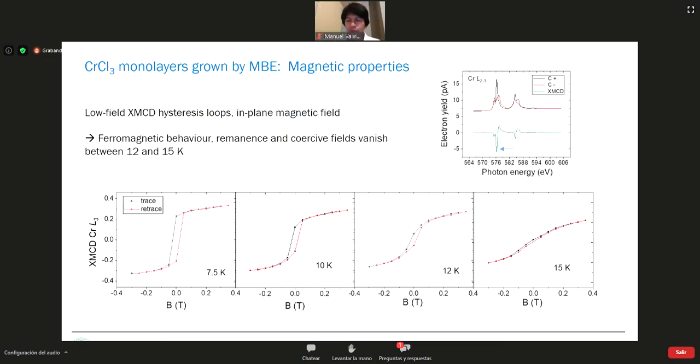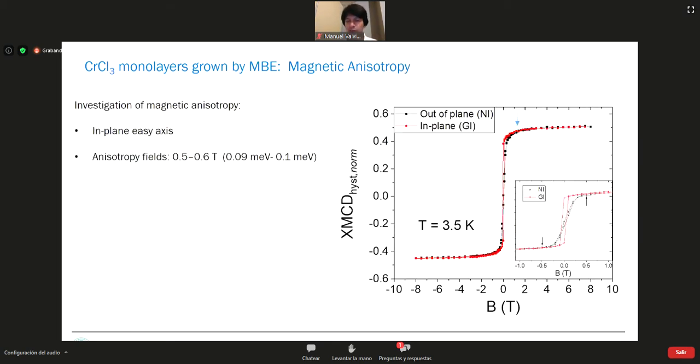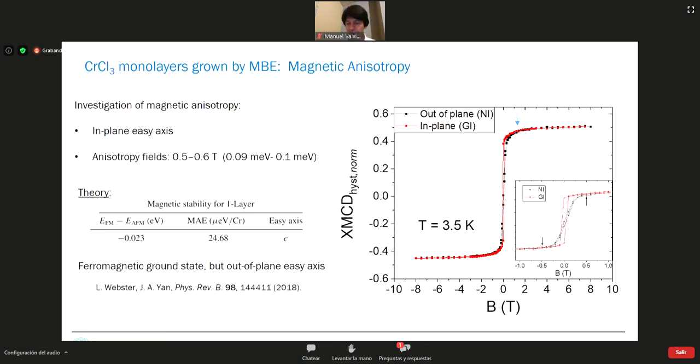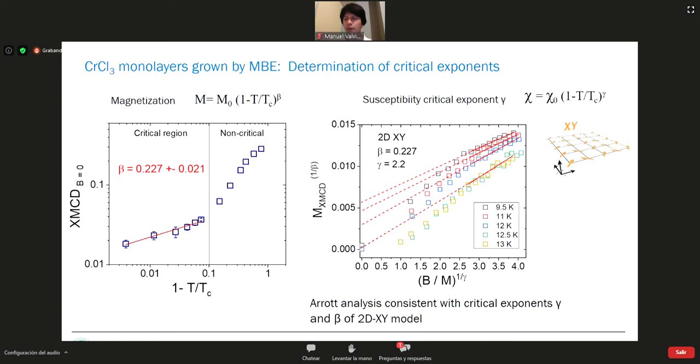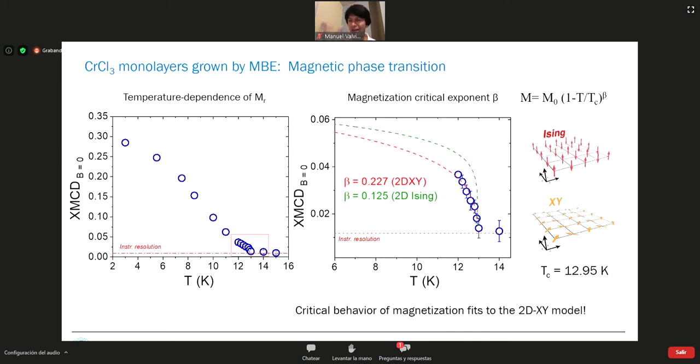In general. So I will start with XMCD. Here, we have proved this easy plane magnetism via critical exponents, basically, which is this scaling, which is also nice. But you can also prove the anisotropy when you rotate the sample in the plane and apply the magnetic field in certain directions, and you can measure the XMCD.